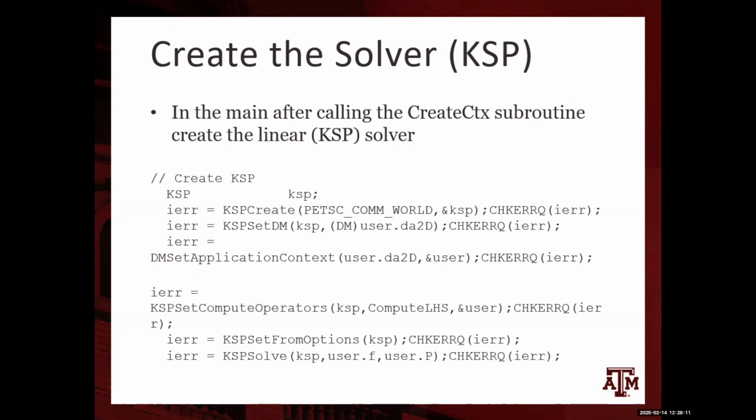It's the name of the subroutine that we're going to write to calculate that matrix A. And then the user is basically our context. Then we're going to set the options for the KSP from the command line, KSP set from options, and then KSP solve, after it's set the options, it can solve it. Okay, so copy and paste this in your main, after where you call the create CTX subroutine.